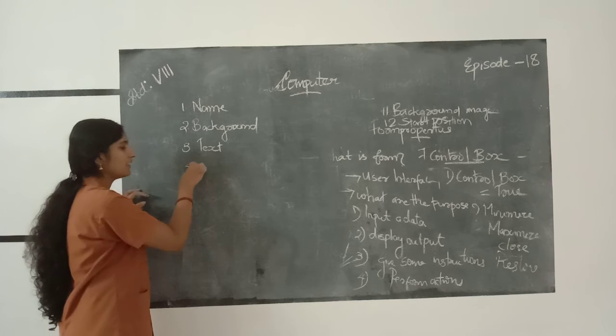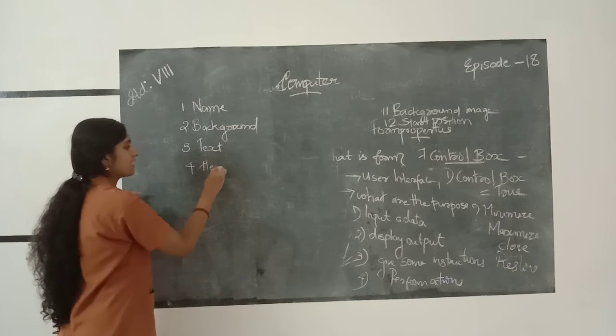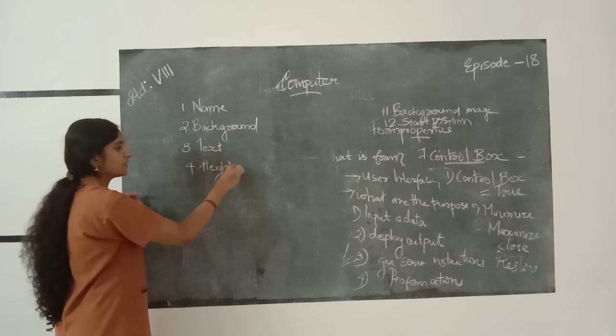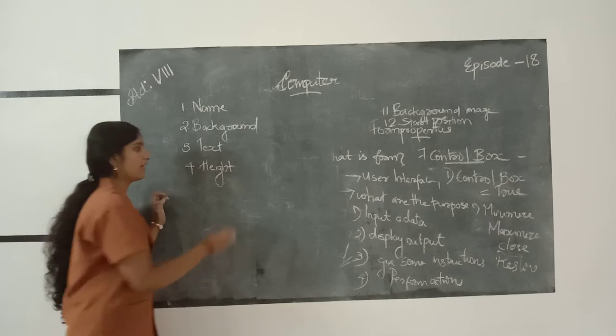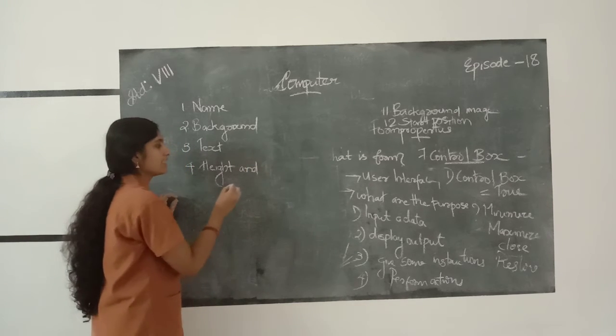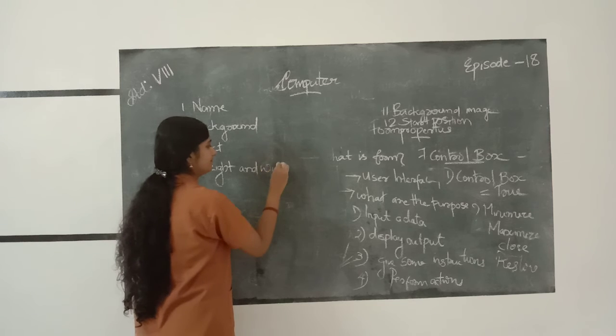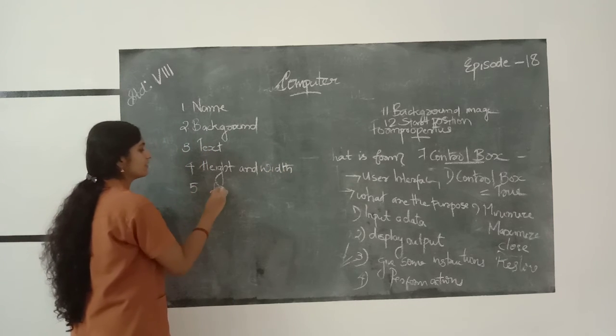Then the fourth one, height and width. You can set a particular height and width, in pixels, for that form. Then another property is font.